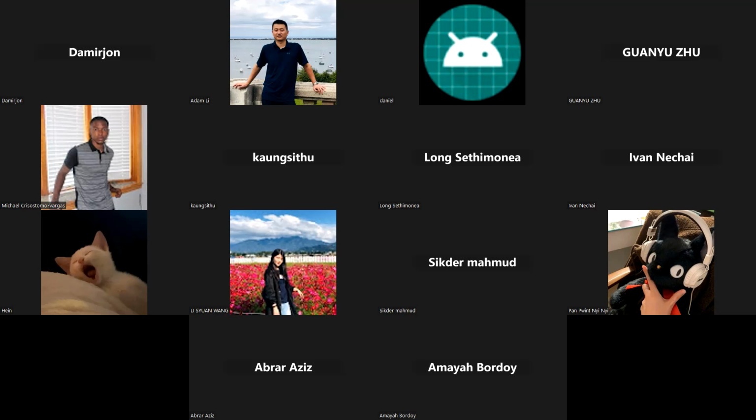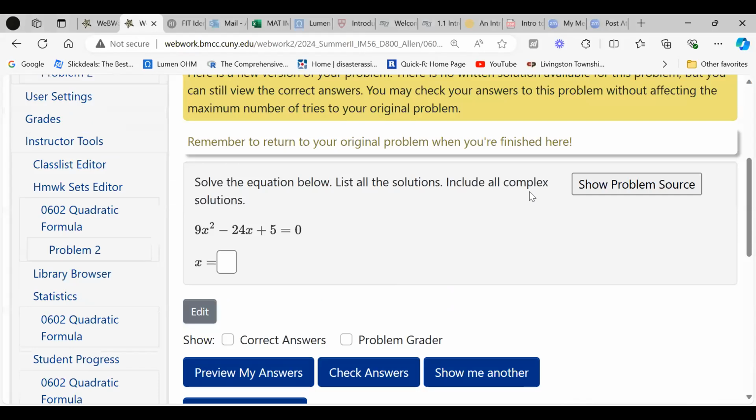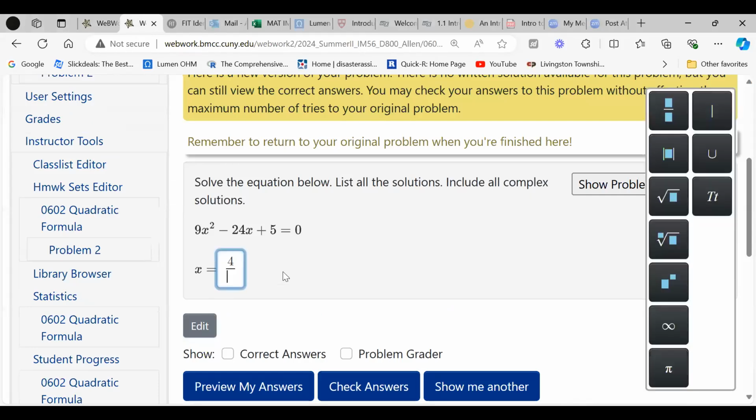So let's put the answer into the, okay, it's right here. Let's go back to this one. So the first one is 4 over 3 plus radical 11 over 3.